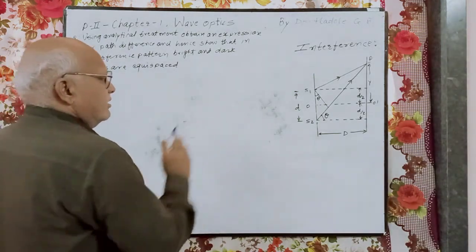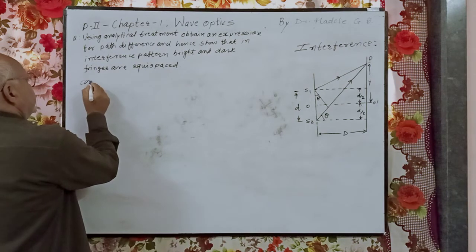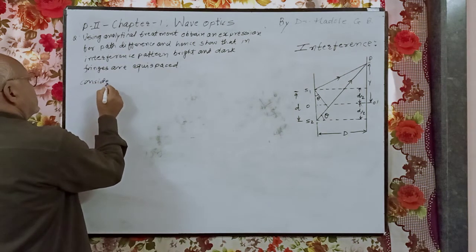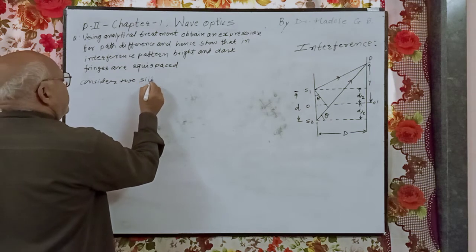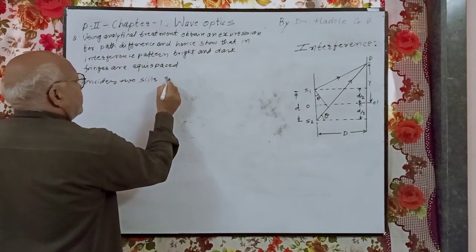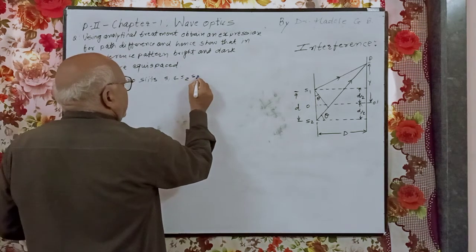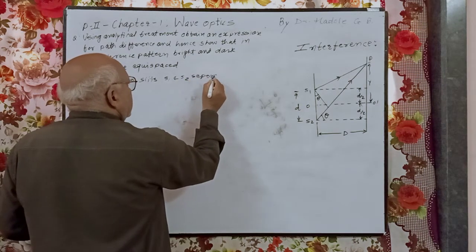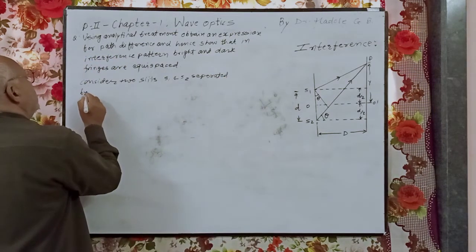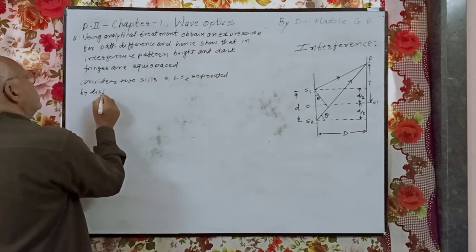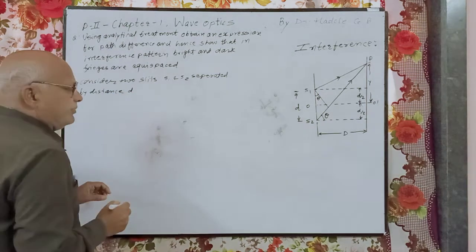Now let us say, consider two slits S1 and S2 separated by a distance small d.